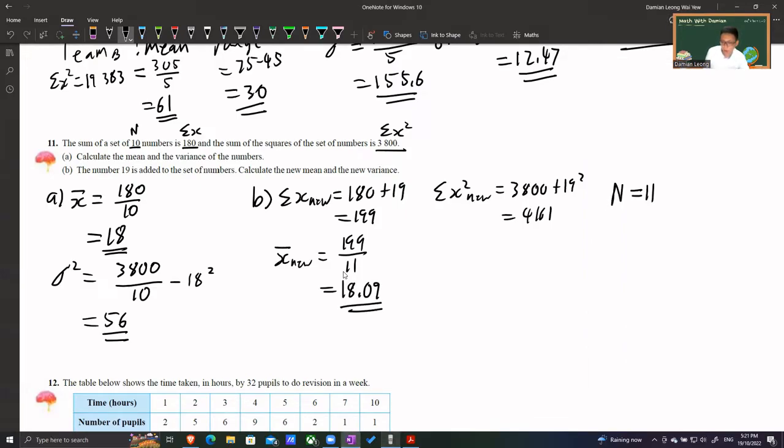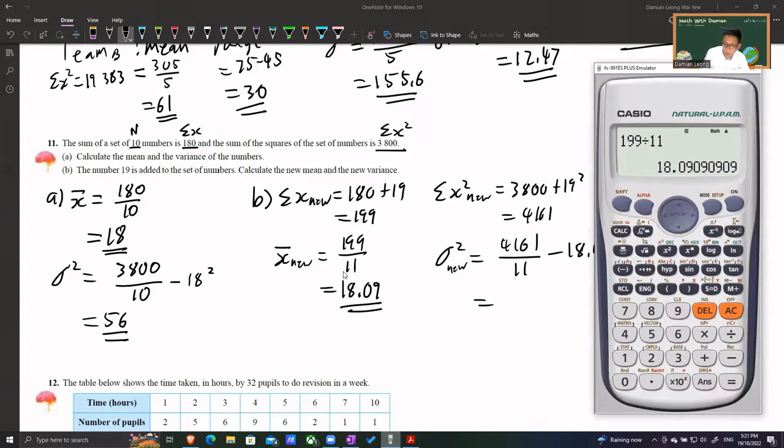$18.09, so 18.09. The new variance is the sum of x squared, 4161, divided by the new n, 11, minus the mean squared. 4161 divided by 11 minus 18.09 squared.